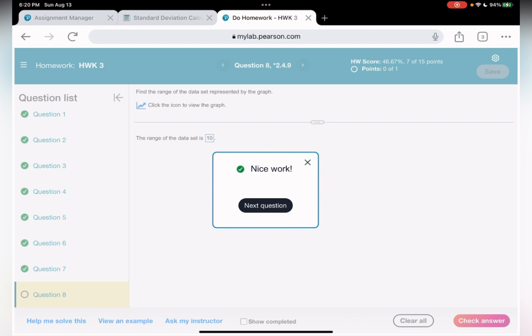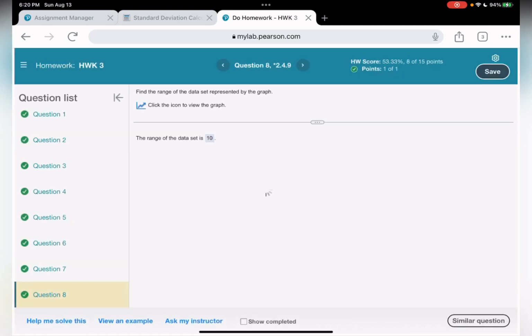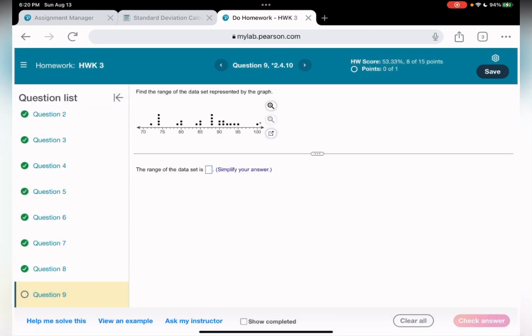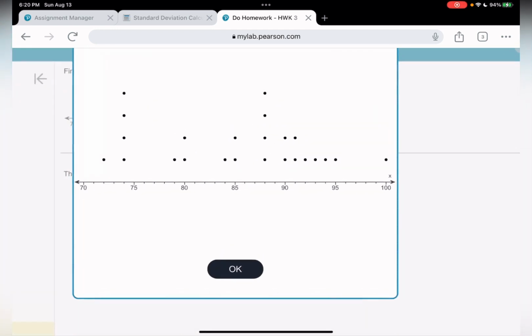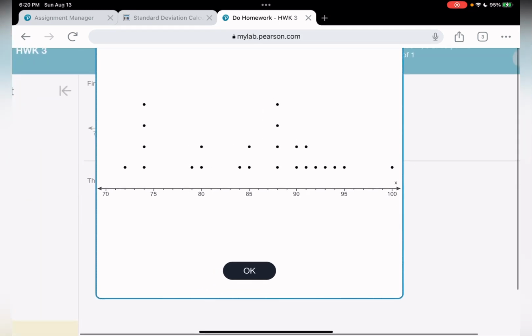Okay. Number 9. We need to find the range here also. So if I zoom, the highest is here, how much? 95. Lowest is here, 70, 71, 72, which means 95 minus 72, and we are getting 23.